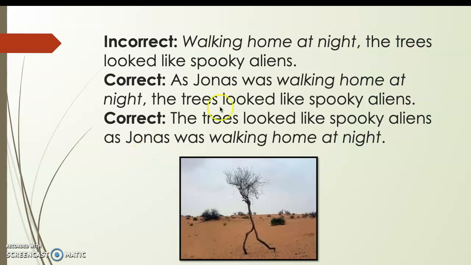Now we say Jonah because in this sentence it doesn't say who's walking home, right? So the easiest way would be to add a person. So this could also read, the trees looked like spooky aliens as I was walking home at night. Or we could always change it to say, as Jonah was walking home at night, the trees looked like spooky aliens. Does that make sense?